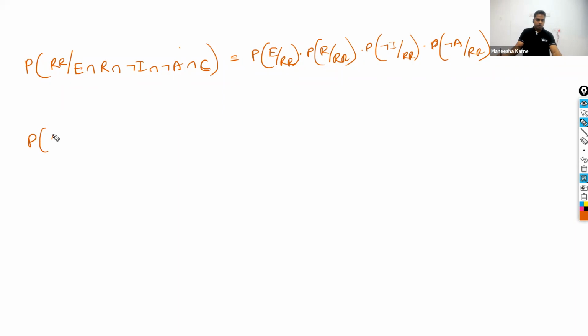Because we also need to find out probability of audit given that you have the word extend, you have the word run out, you do not have the word invoice, and you do not have the word audit, and you have a new word called checkout.